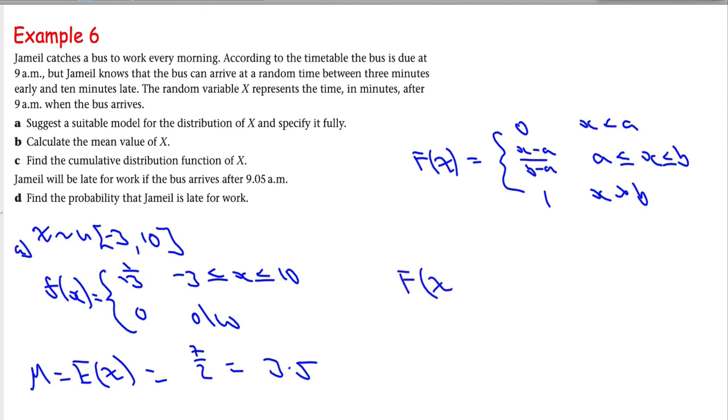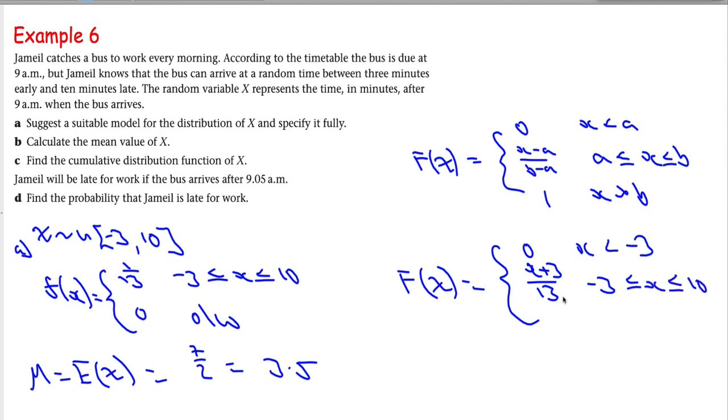F of x for this particular function is going to be 0 when x is less than minus 3. It's going to be x minus minus 3, which is x plus 3, over 10 minus minus 3, which is 13, when it's between minus 3 and 10. And finally it must be 1 when x is bigger than 10.